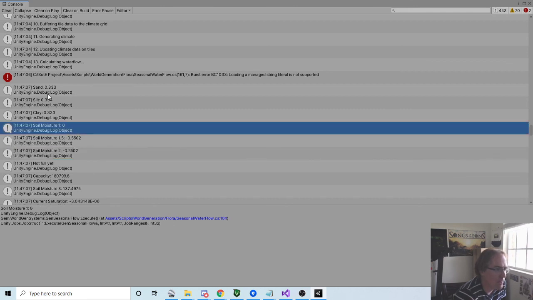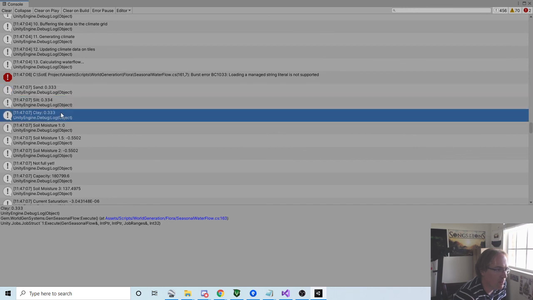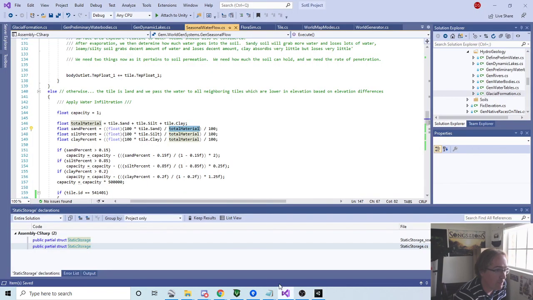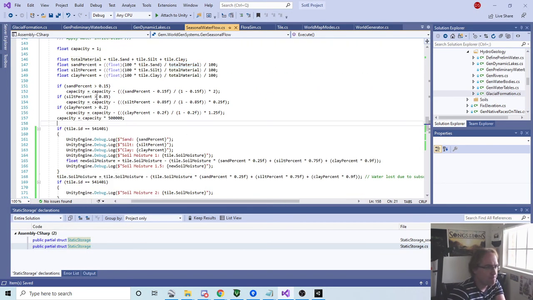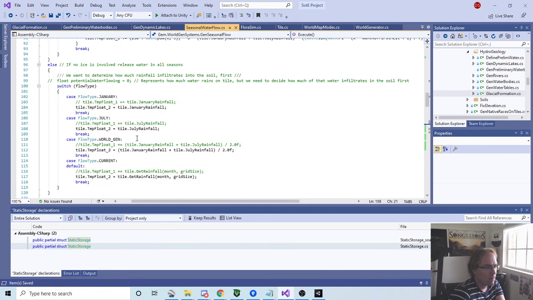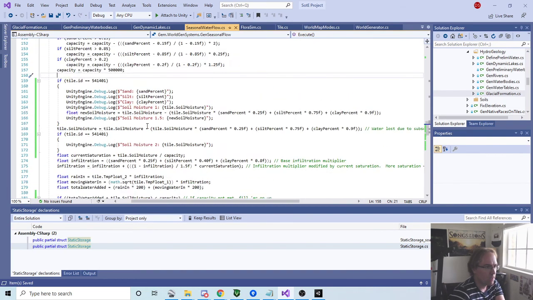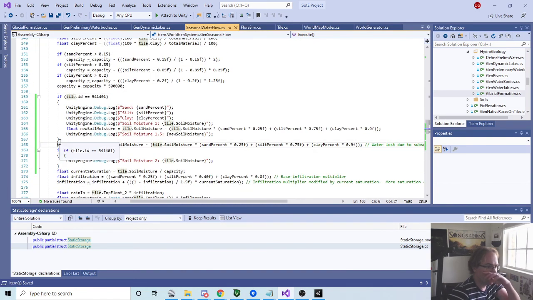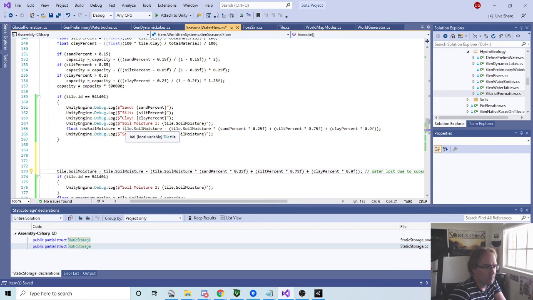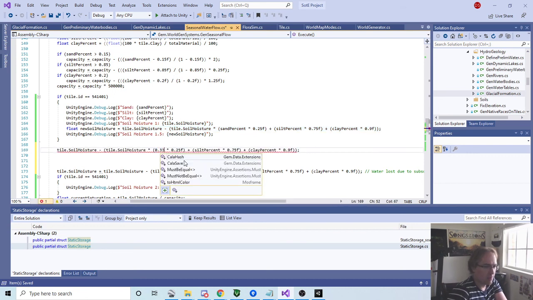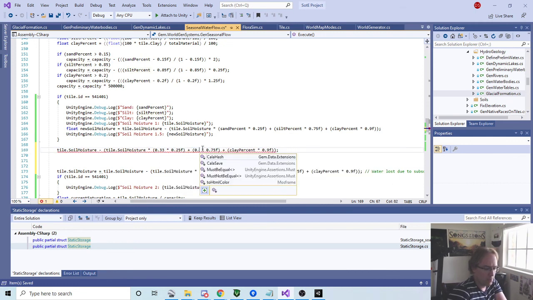Okay, soil moisture. Okay, so all of these are legit values. Soil moisture starts out at 0. Let's do the math. Dude, what is going on? Alright, here it goes. 0.33. 0.34. 0.33.